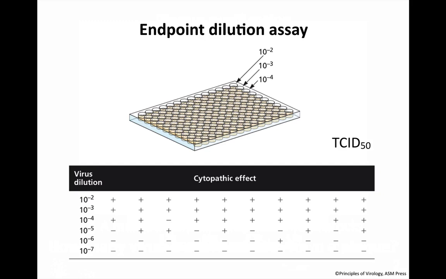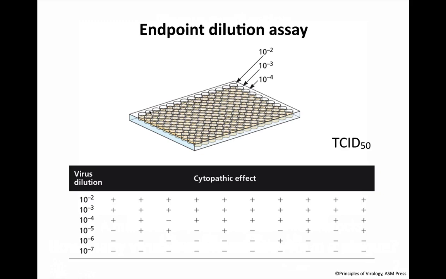Another way to titrate virus infectivity is by what's called an endpoint dilution assay. Some viruses do not form plaques. So what can you do? You need to find something else, and that's what this assay is for. You take a 96 well plate with 96 little wells in it, and you put your cells in them to form monolayers. You have a little bit of medium over each one.